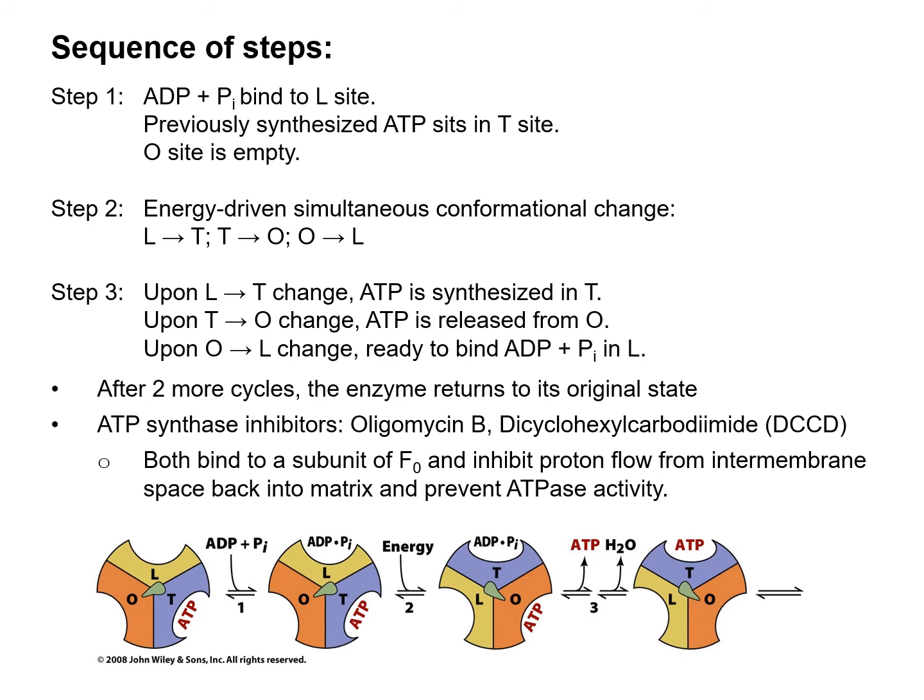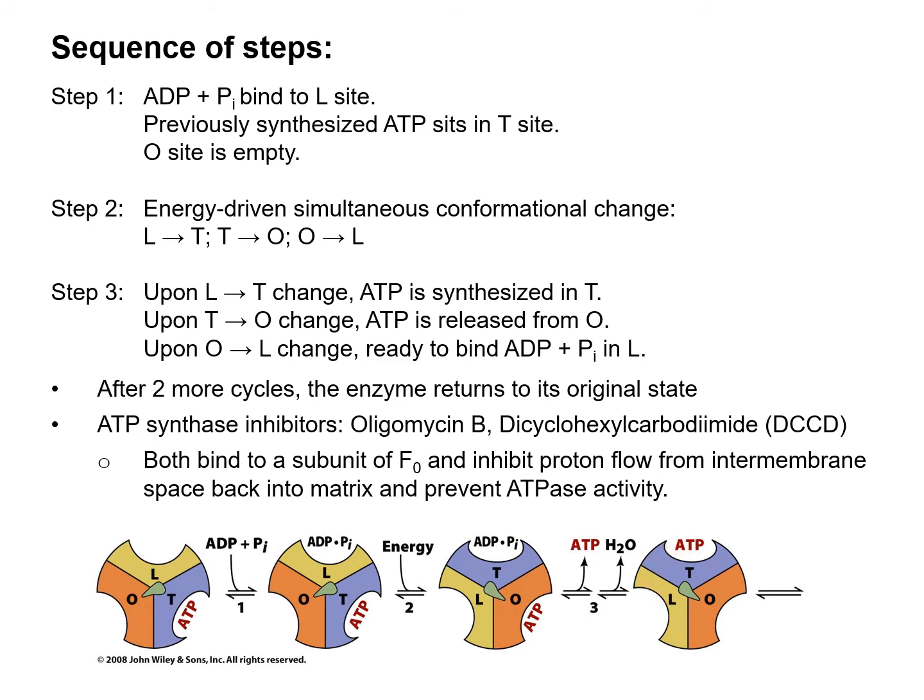Upon the L to T change, the ATP is synthesized in T, and upon the T to O change, ATP is released from O, and upon the O to L change, the site, which was empty, now becomes ready to bind the ADP and the inorganic phosphate to make ATP.